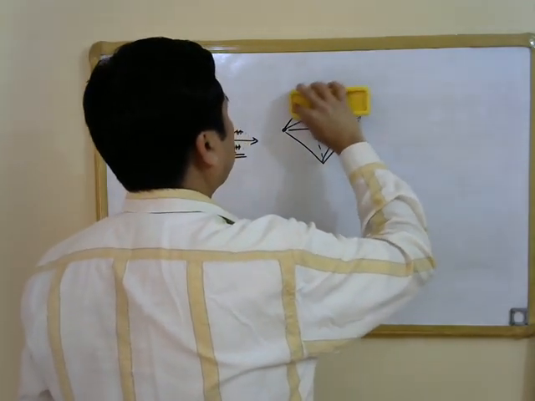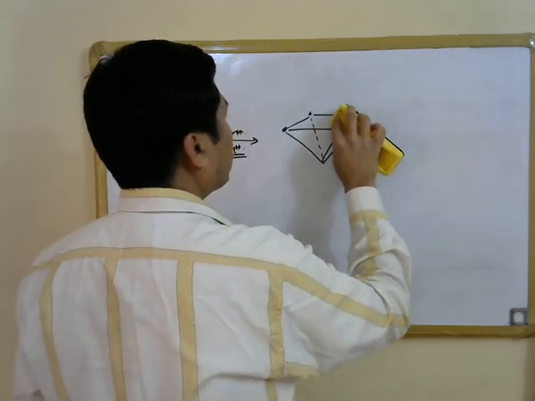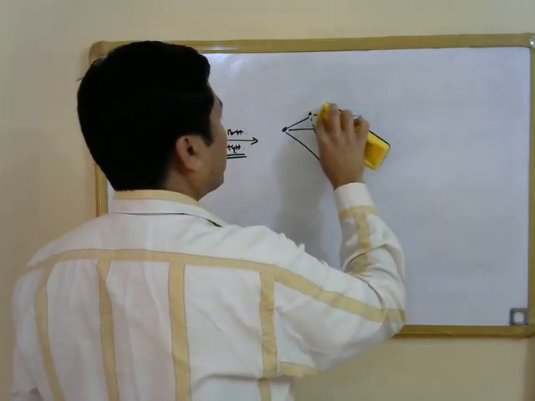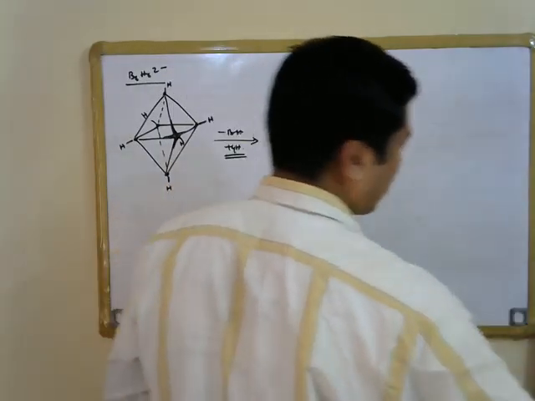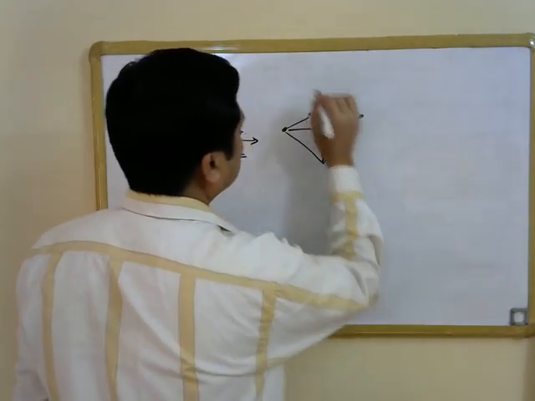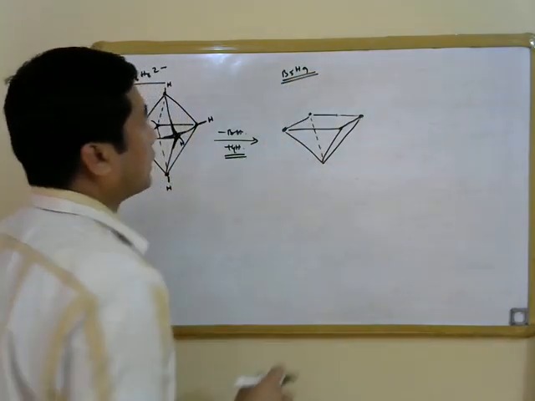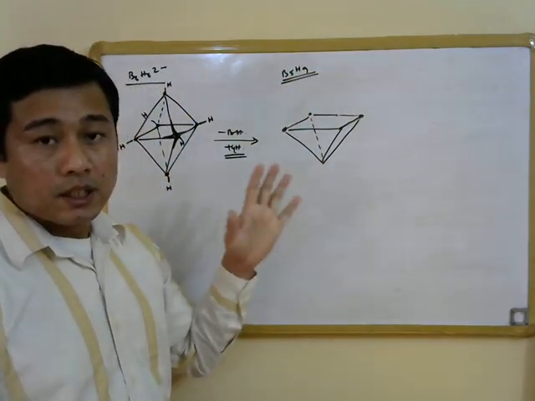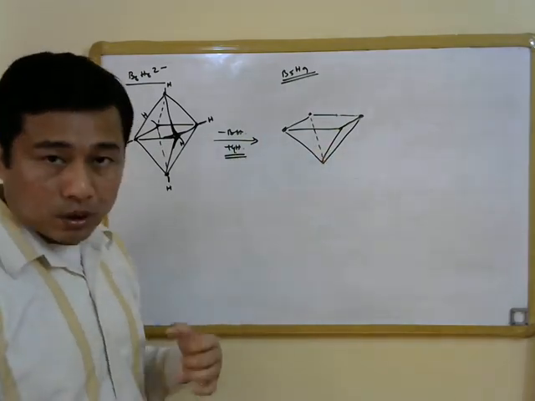Then we should get the structure of the nidoborane B5H9. So the structure of the nidoborane should be somewhat like this over here, because B5H9 should be based on an n plus 1 polyhedron, which is an octahedron essentially.